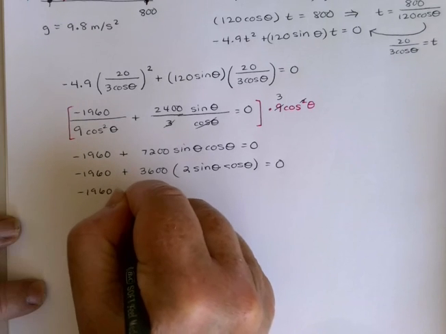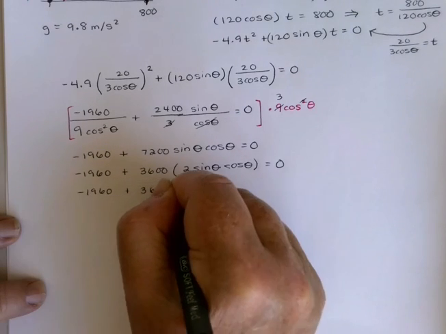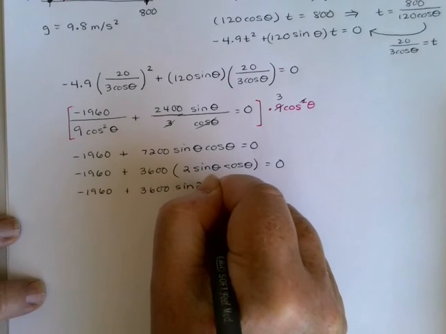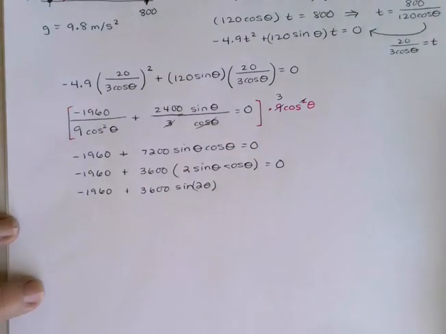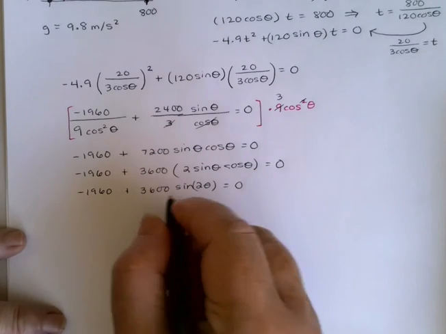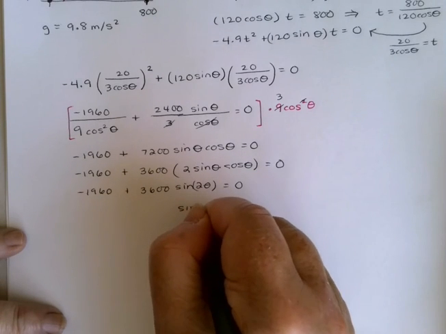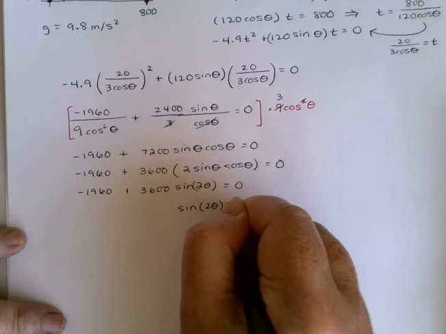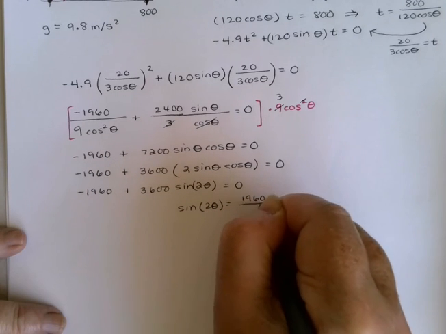And that's just a trig identity. But that's going to allow me to actually finish solving. So I'm going to have sine 2 theta equals 1960 divided by 3600.